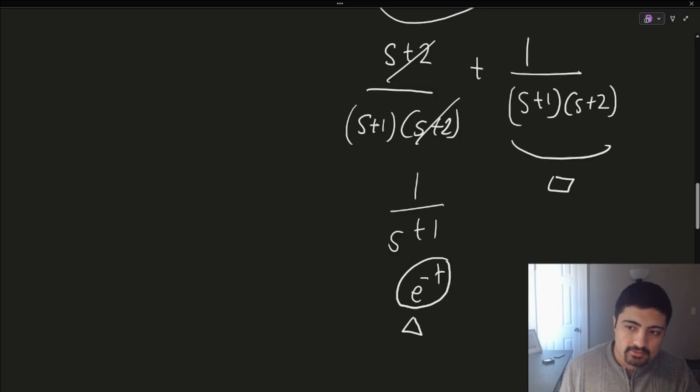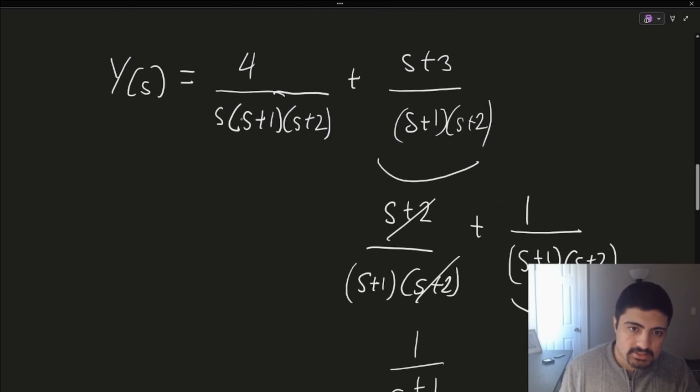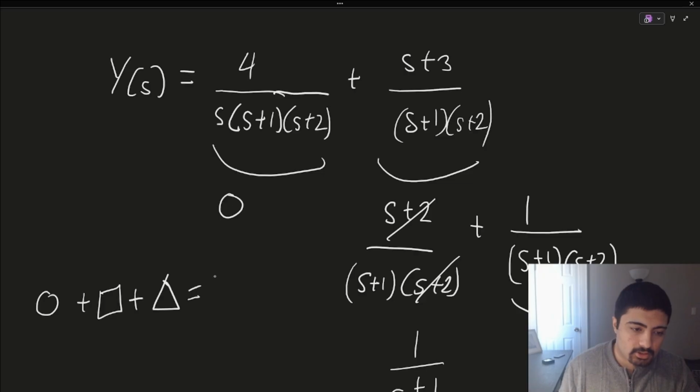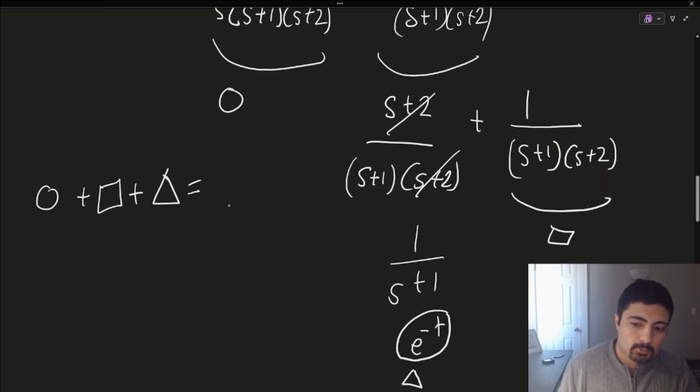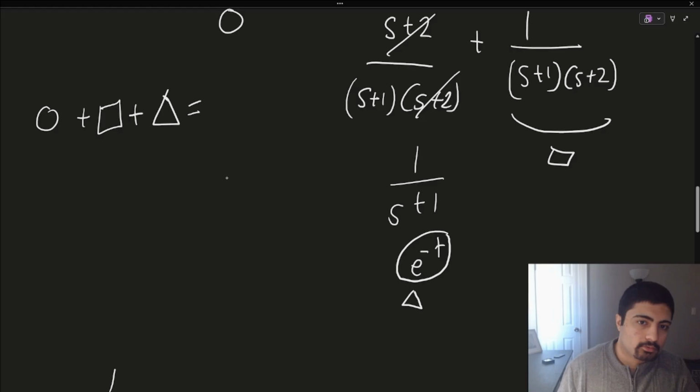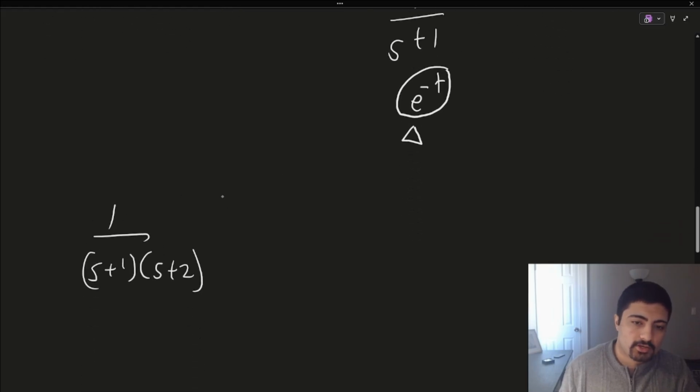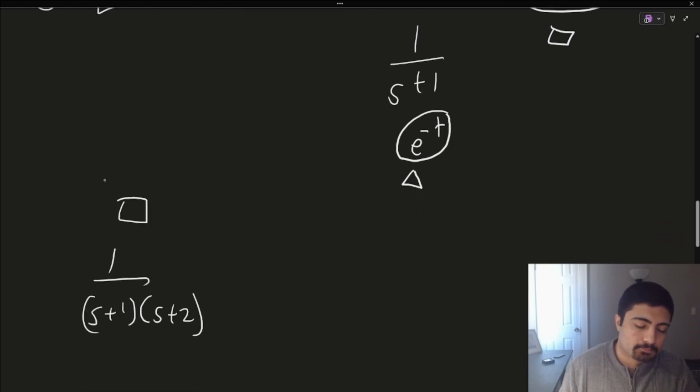This guy can be a rectangle, and this can be a circle, and circle plus rectangle plus triangle is going to be our solution. So we got triangle so far. So now we're trying to find the square.